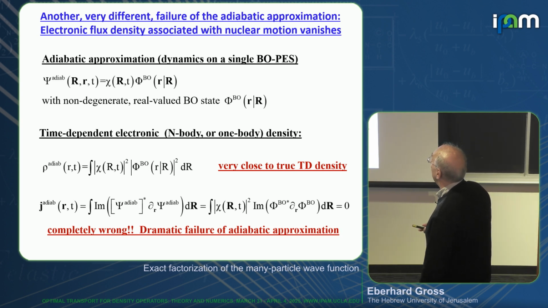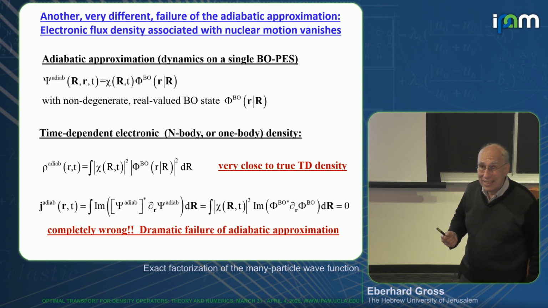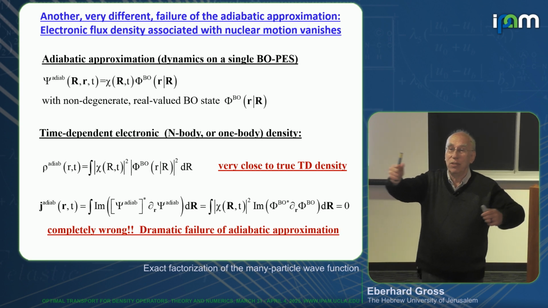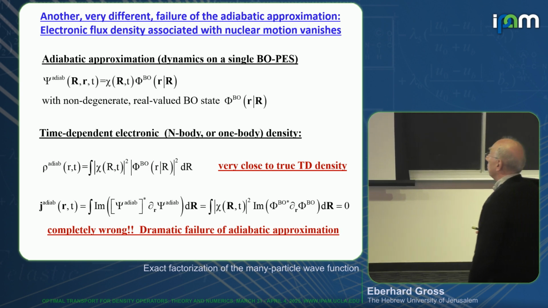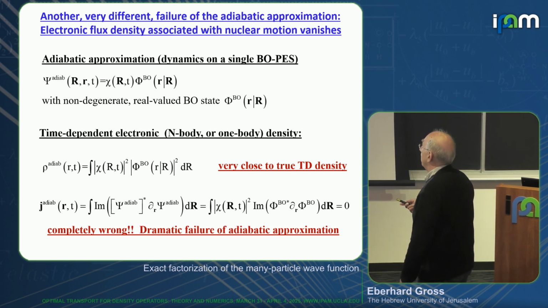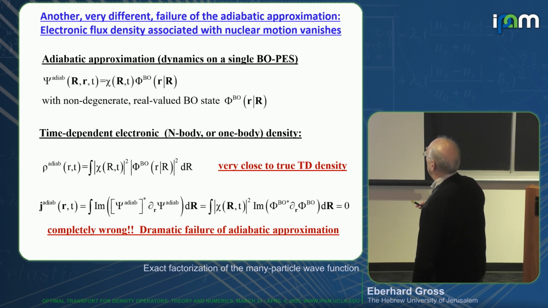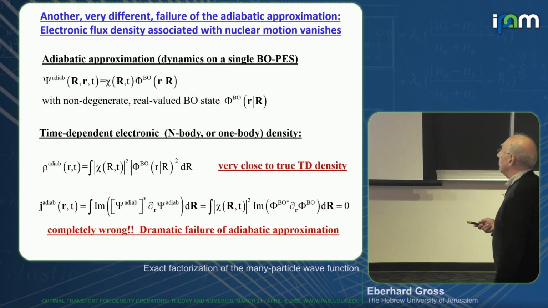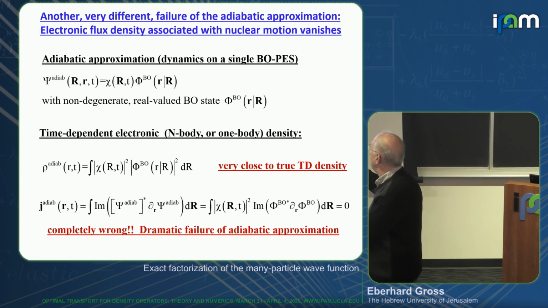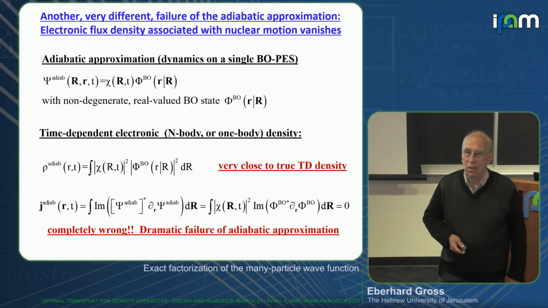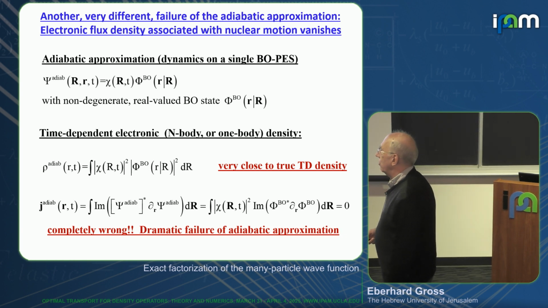So then, if you try to calculate something like the time-dependent electronic density that is associated with this nuclear motion, and you use the adiabatic approximation, well, you just calculate the density with this approximation, so you take the absolute square of that wave function, integrate out the nuclear degrees of freedom, and then you get a time-dependent electronic density. N-body density or one-body density is not important for this argument here. And that's perfect. That's very accurate, close to experiment.